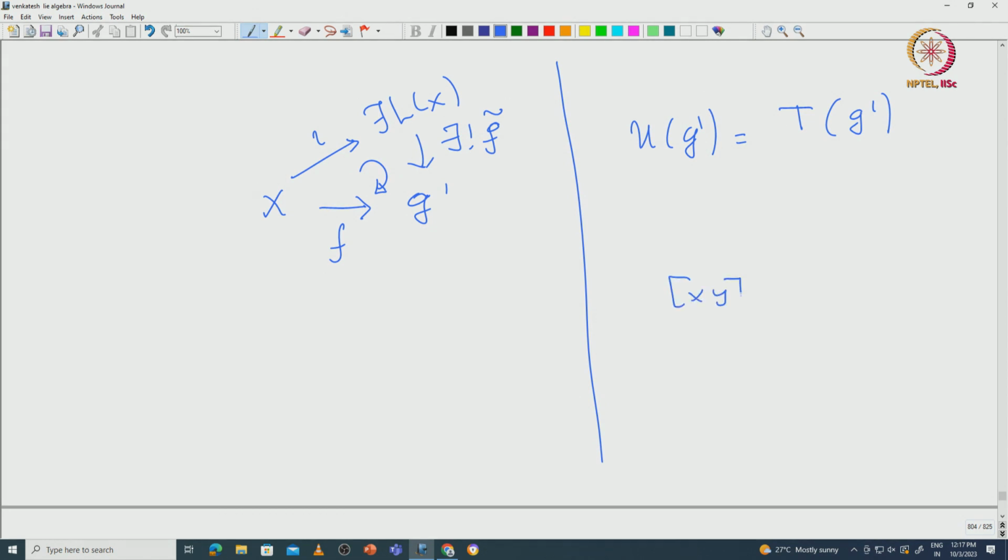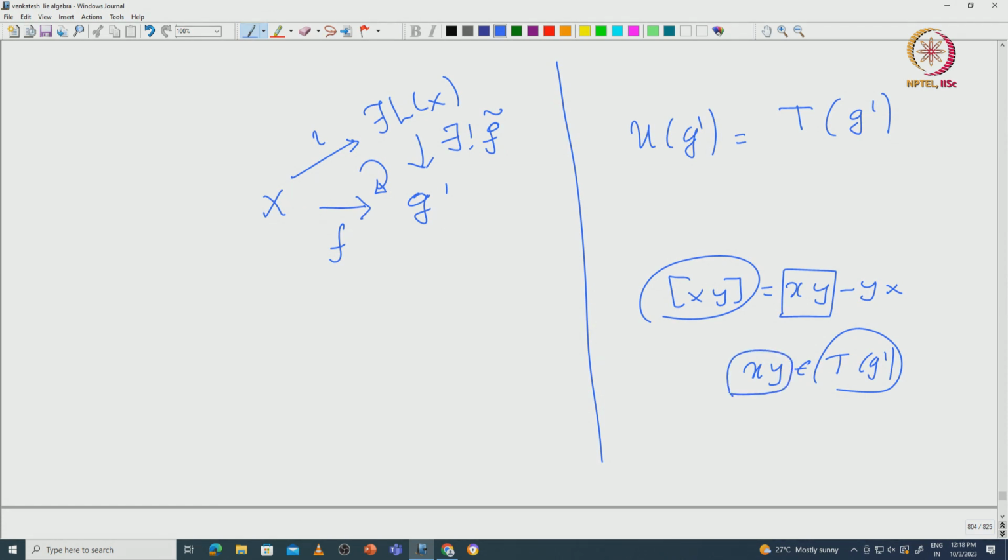But the bracket of x y inside the associative algebra, you want to identify this with x y minus y x, okay. But if you look at the individual monomial x y, these x y's are inside T G dash, but all we want is the bracket x y. So, T G dash is becoming too big, because it also allows monomials of the form x y which will not be there in the associative algebra generated by G dash, na. So, that is where the problem is.